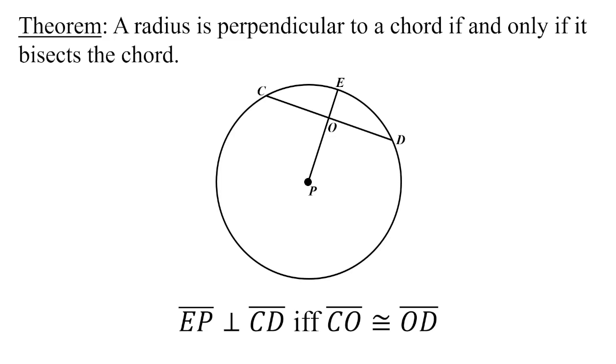Therefore, segment EP is perpendicular to segment CD if and only if segment CO is congruent to segment OD. And the reason why segment CO and segment OD are congruent is because segment EP bisects segment CD.